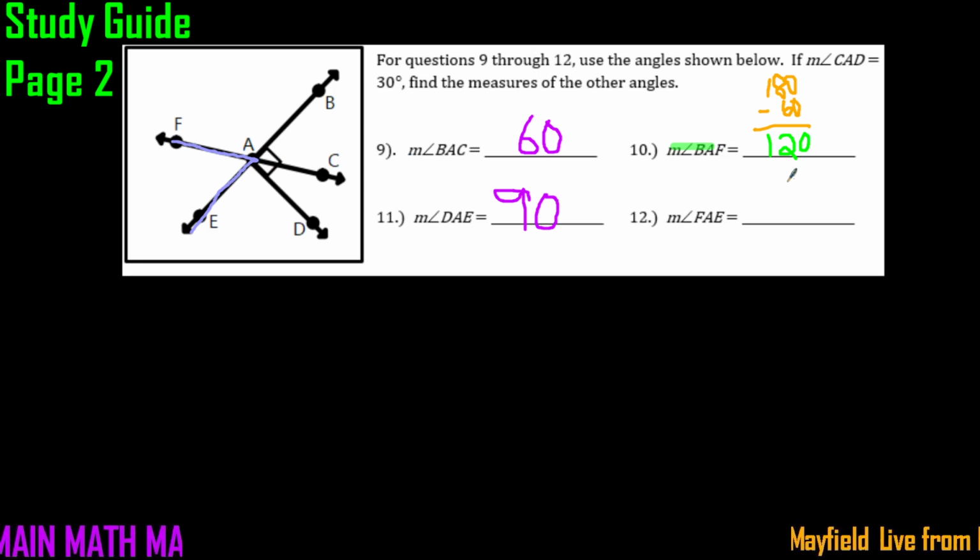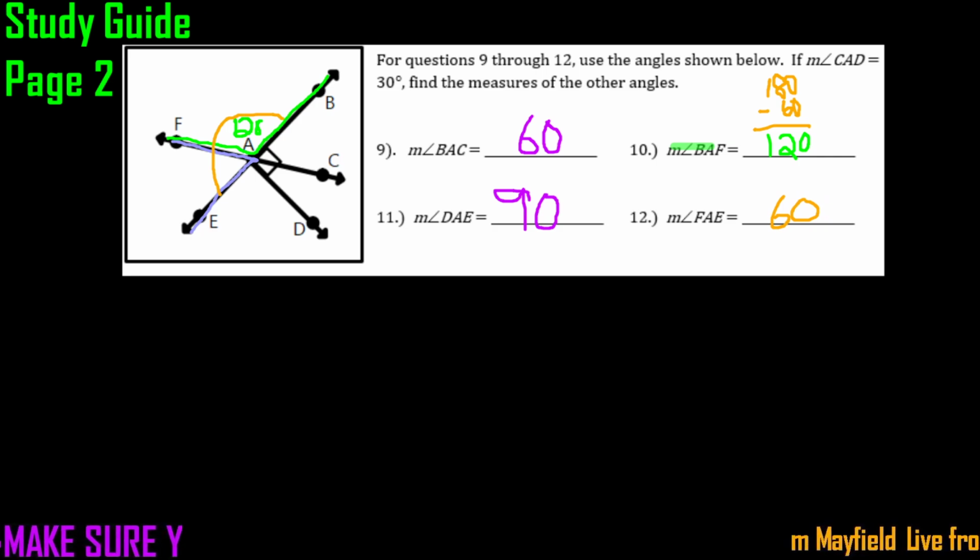If we know that this angle here, angle BAF, is 120, that means that this entire amount again is 180. Let's try drawing that half circle again. That means this amount is 180, so angle FAE has to be 60 degrees as well.